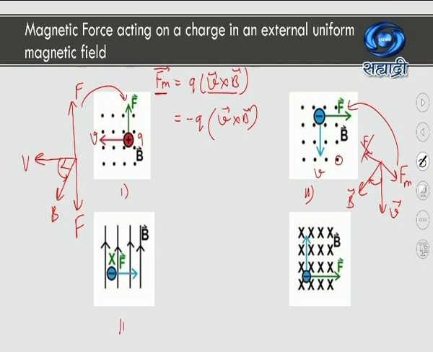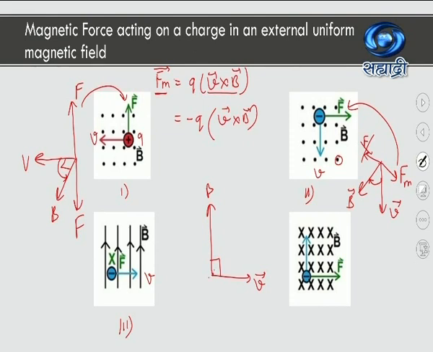In third example, we have got again negative charge traveling with velocity V to the right. Magnetic field is upwards and I want to find out the direction of force. Here velocity is to the right, magnetic field is upward, they are mutually perpendicular to each other. V cross B, then don't you think if the charge would have been positive, then the force would have been outside?